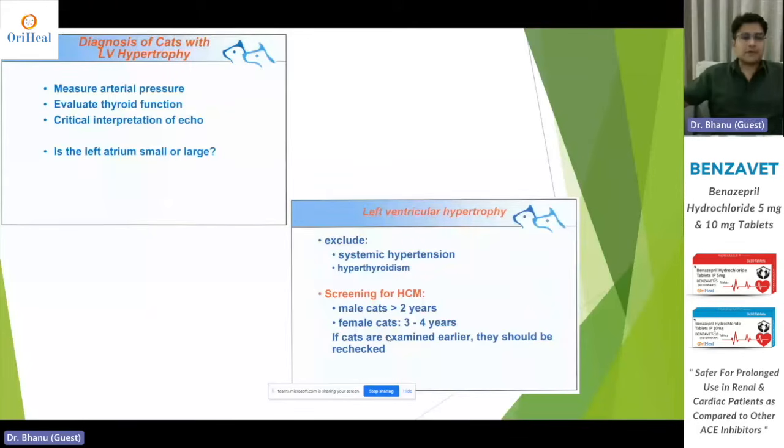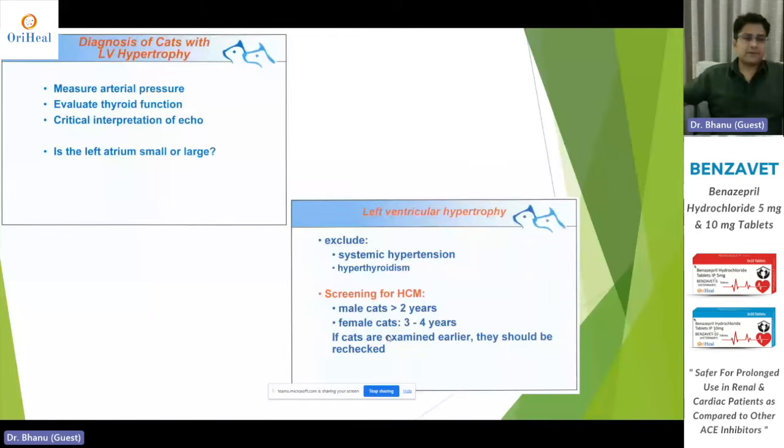For those of you who are doing echocardiographies, let me tell you that the left atrium in cats, I generally evaluate the size by two methods. One is a commonly used method, which is left atrium to aorta ratio, which should be less than or equal to 1.5. And the other method is to measure a 2D, two-dimensional measurement of the diameter of left atrium in diastole.